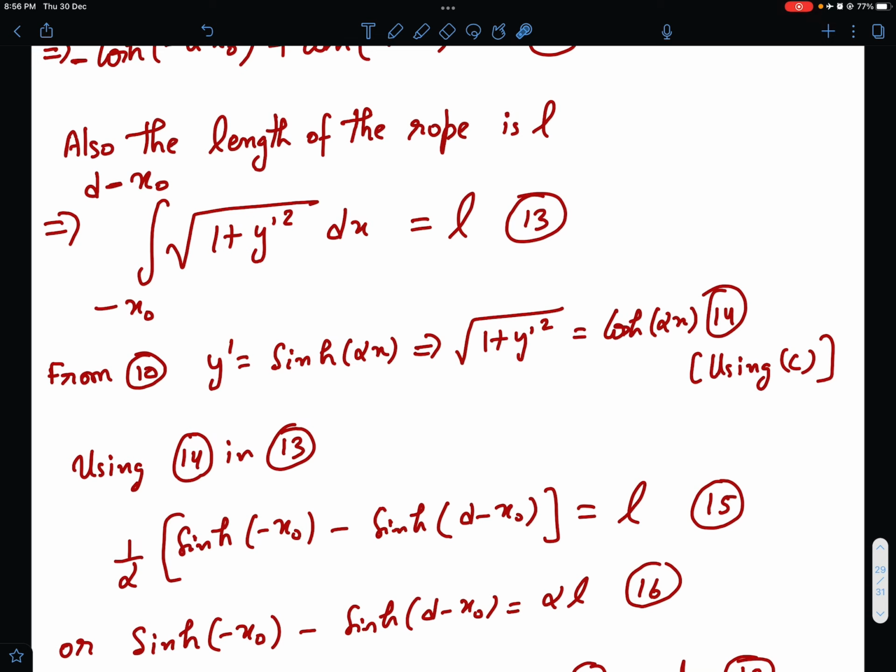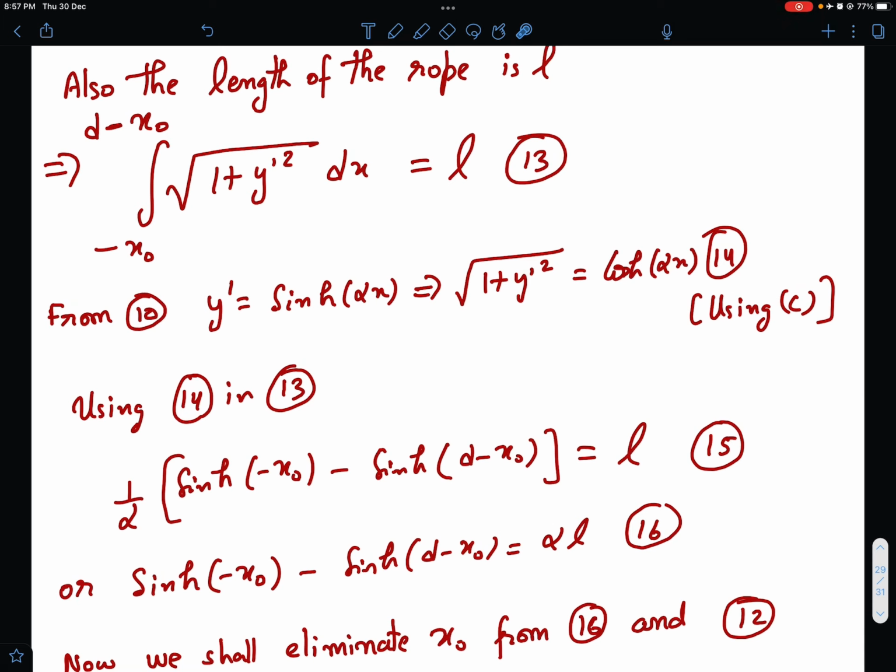So using equation 14 in 13, you put it over here, and this becomes then, cos alpha x, if you put here, this becomes sine under root. There was supposed to be an integration also.